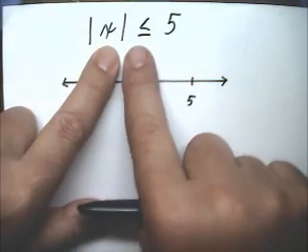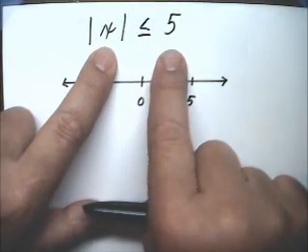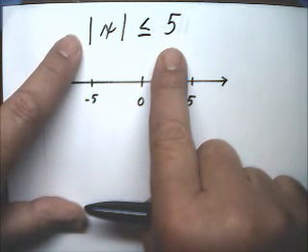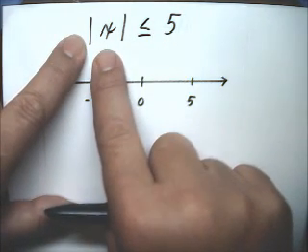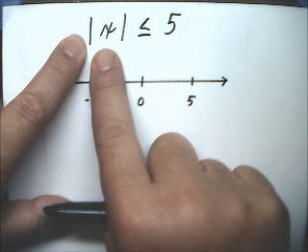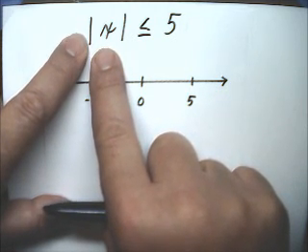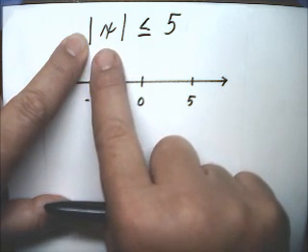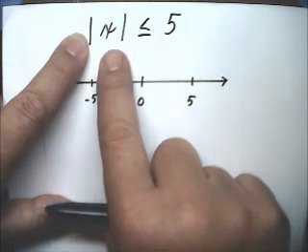If we have the absolute value of x is less than or equal to 5, and we think about solutions for this, well, 5 works. Negative 5 also works. If it were negative 4 in there, we'd have 4 is less than 5. If it was positive 4 for x, it would also work.